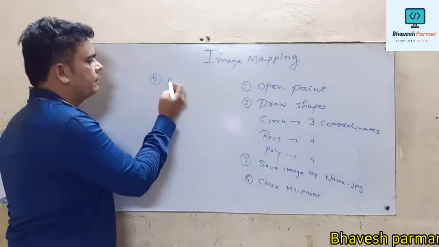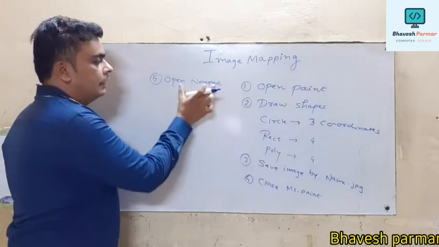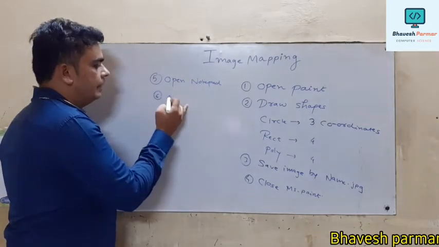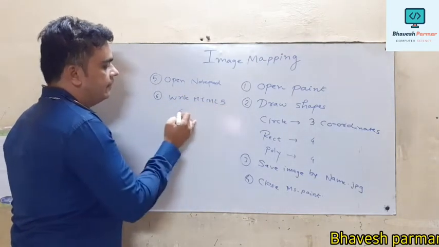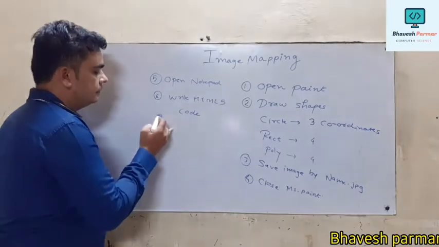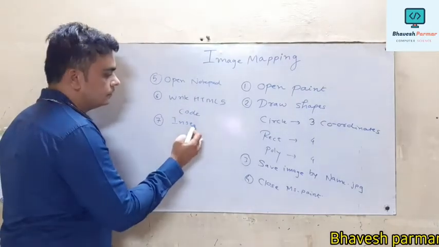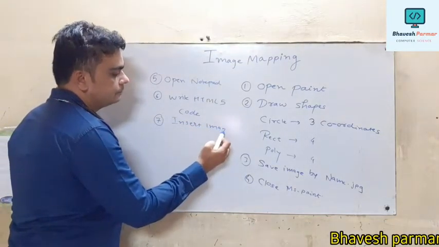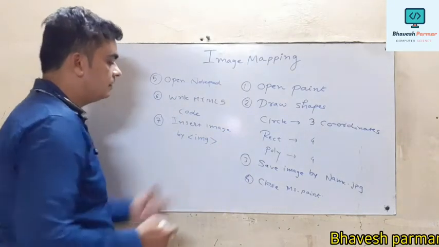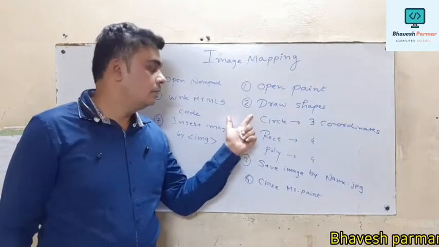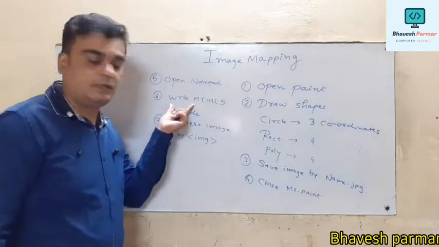In step number 5, I have to open Notepad. After opening that Notepad, I have to write down the HTML code, HTML5 code, and then what is my next step? I have to insert the image by using img tag and write down the coordinates by using map tag and area tag within this HTML code.